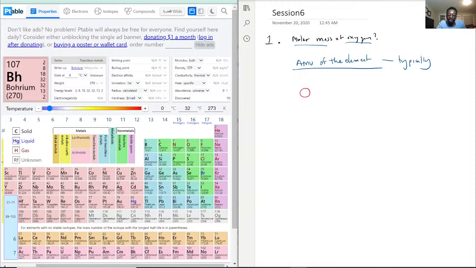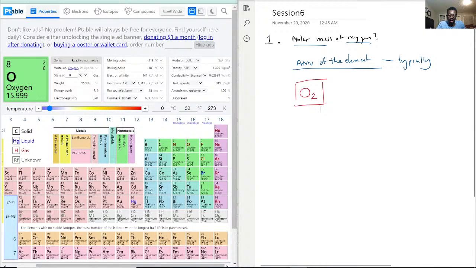It actually appears like this, O2. That is how oxygen will actually appear in the environment, oxygen gas. And you can see in a lot of these gases, like oxygen, fluorine, chlorine, these elements would appear as a double. You'll see nitrogen like that, fluorine like that as well. But for this one, we're focusing on oxygen.